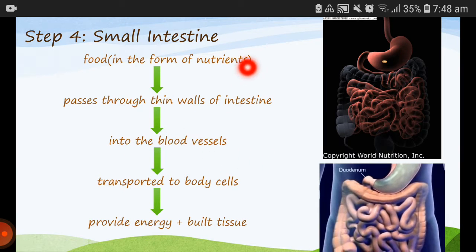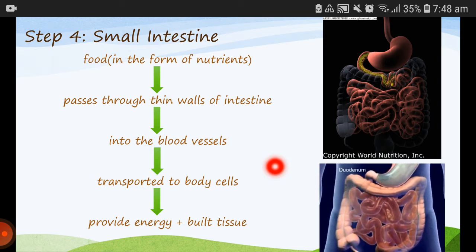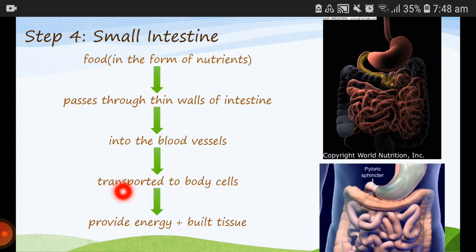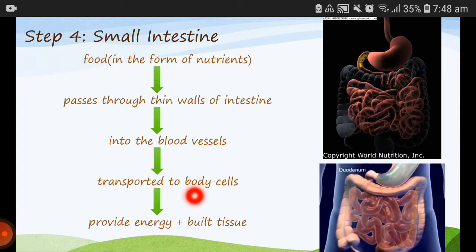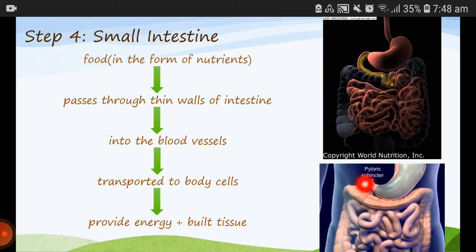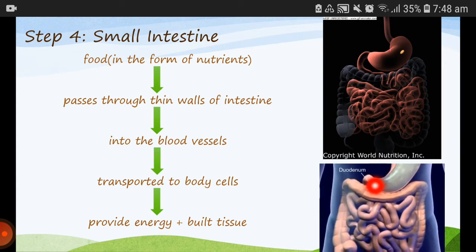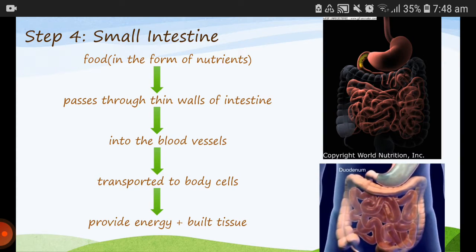So the nutrients are transported to the body cells, and in the cells, what do the nutrients do? What are they used for? They are used for providing energy, and they are used for building new tissues or repairing the damaged tissues. So this is what happens in step number 4, that is the small intestine. This portion is the small intestine.